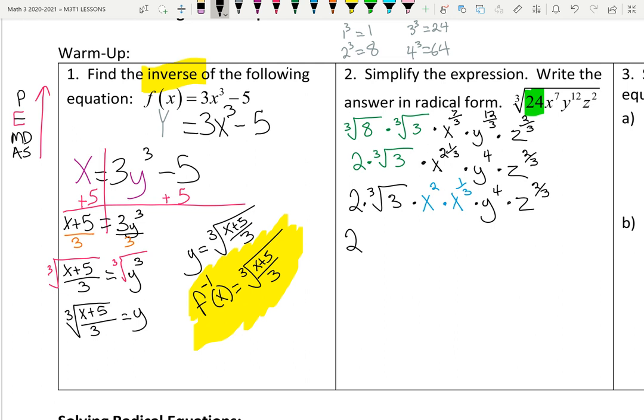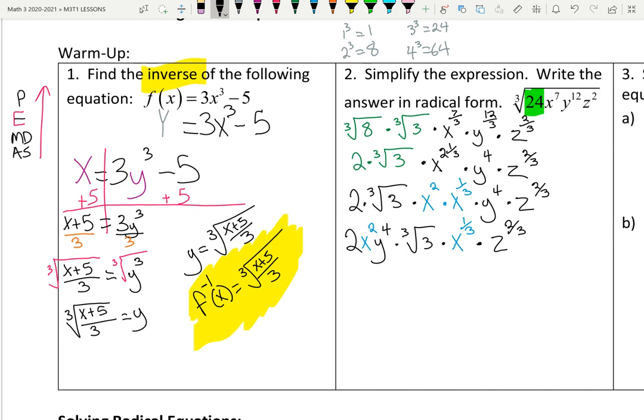I'm going to write 2 x squared, I'm also going to write y to the 4th, and then the cube root of 3 times x to the 1/3 times z to the 2/3.